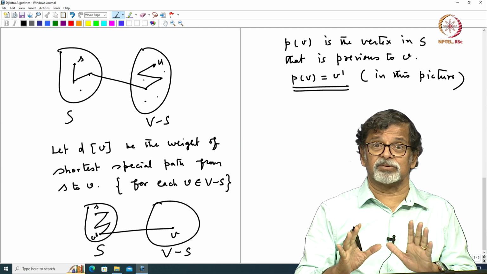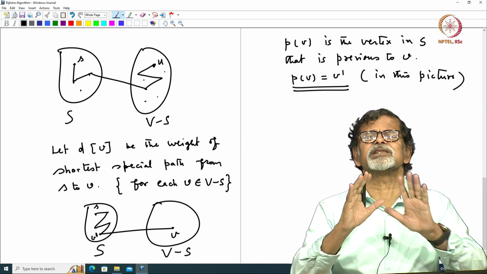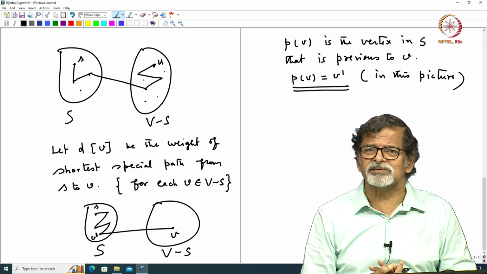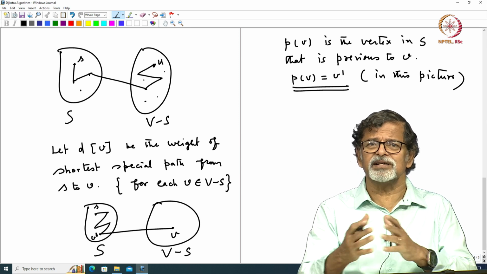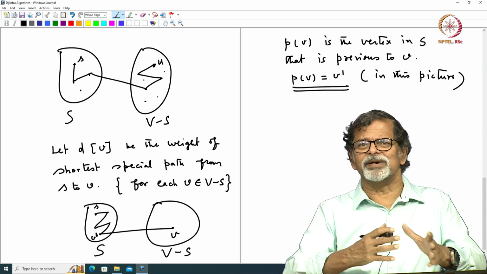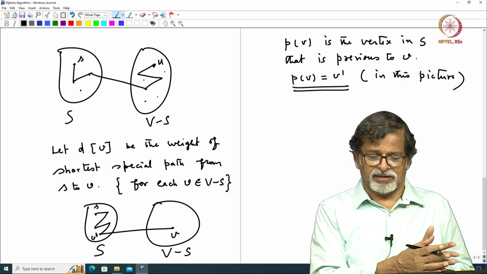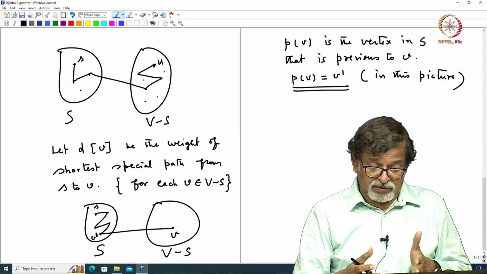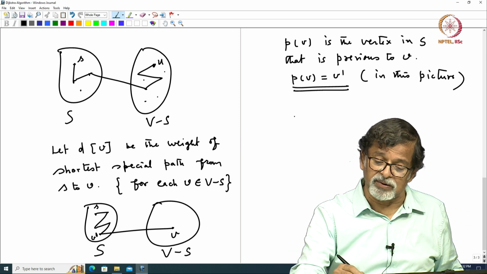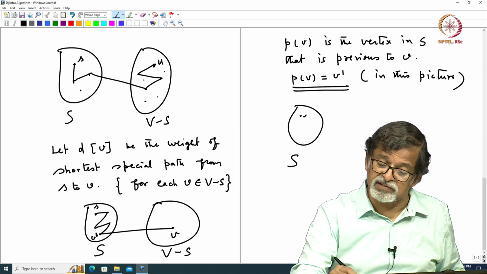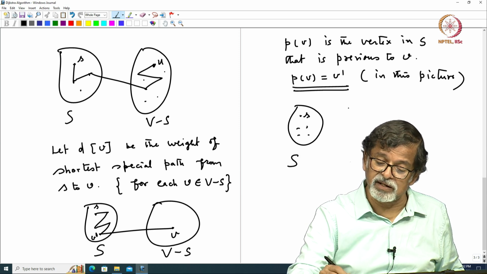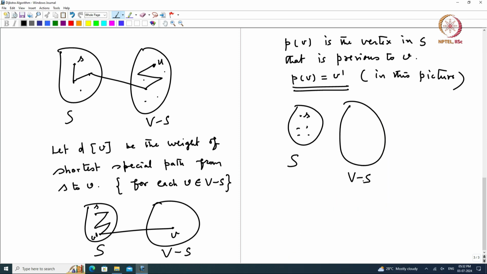We are still to explain how these things are computed. Let us assume that this is available for the time being. That is, we are in one intermediate stage where for some vertices the shortest path distance is known, they are all in S, and for V minus S, for every vertex V, D of V is available and P of V is available.